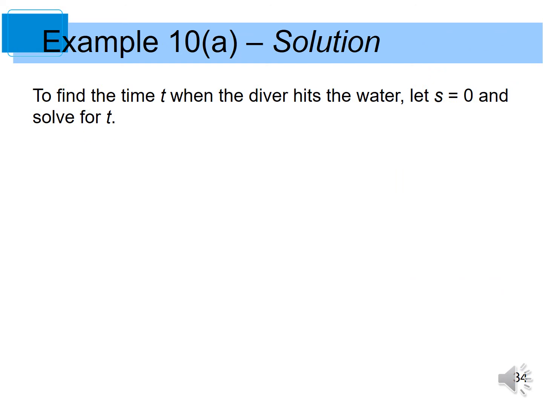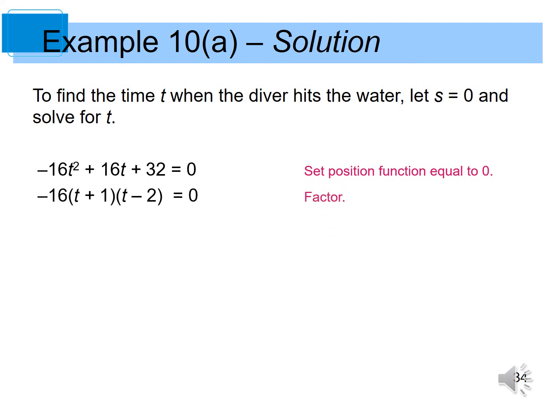Look at part A. To find the time t when the diver hits the water, let s equal 0 and solve for t. So we let the position function equal 0, because when the diver hits the water, there is no distance from the water.